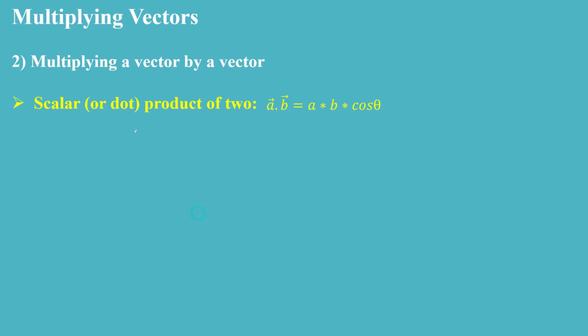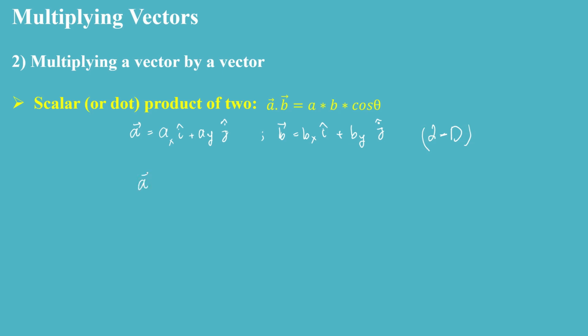So for vector A, I'm going to say my vector is going to be ax i plus ay j, right? I'm going to work with two dimensions. And for vector B, I have bx i plus by j, right? Again, I'm going to emphasize that I'm working with two dimensions or two coordinates here.